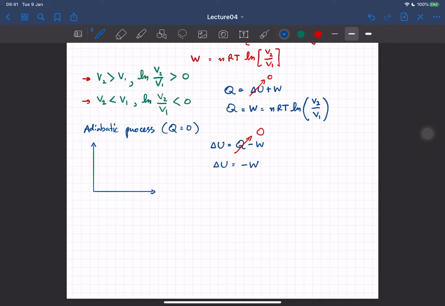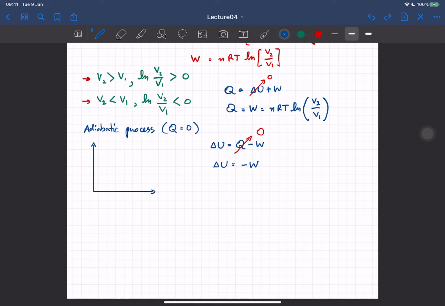You're not allowed to cool it down by bringing it in contact with ice or something like that. The other thing that you can do is to compress or expand the gas. That's it. Right? So if you expand the gas, W is positive, right?